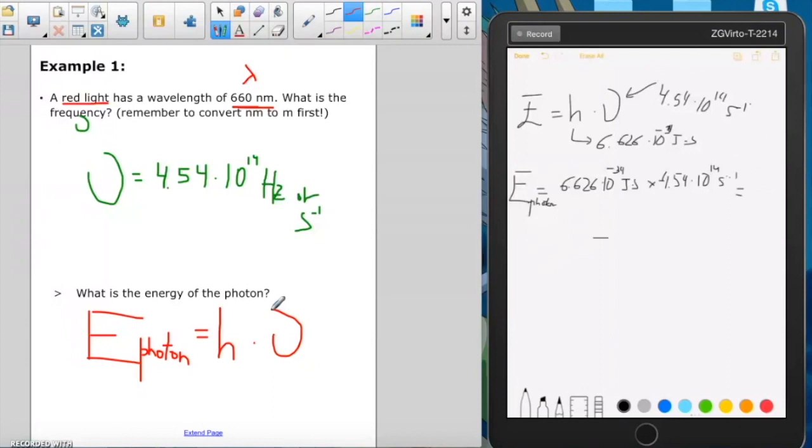Okay, and this will equal 3.118 times 10 to the minus 19, and the unit that we use for energy is joules. Okay, and that is the answer to our problem.